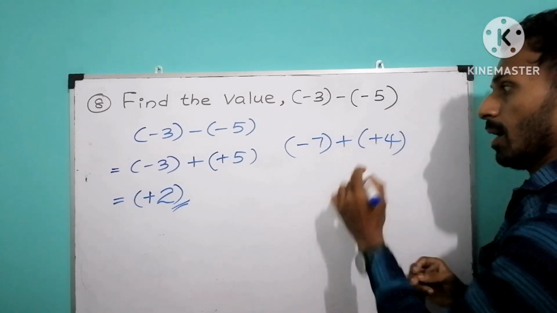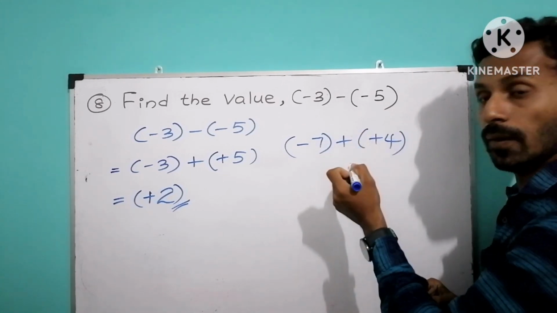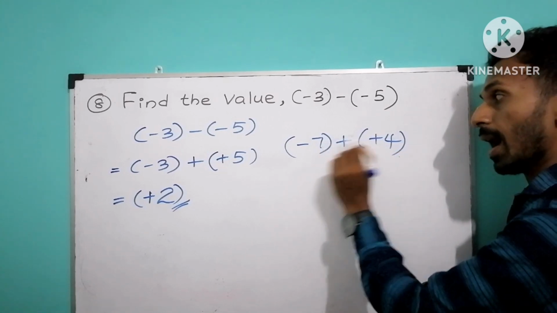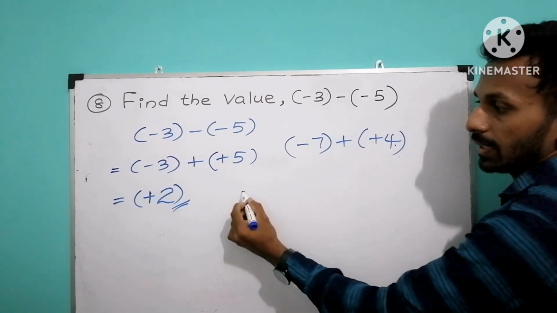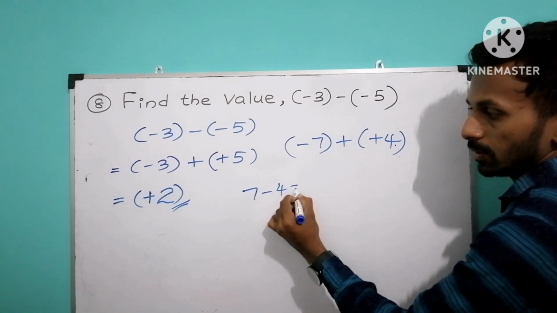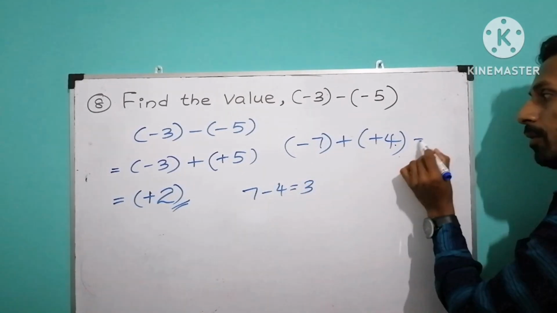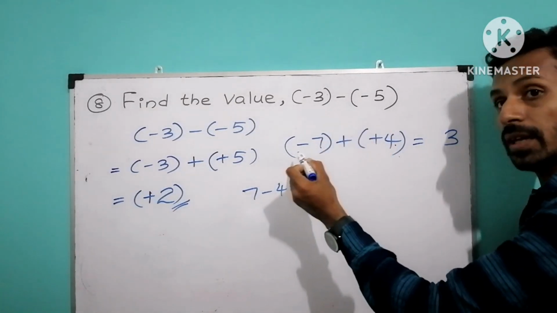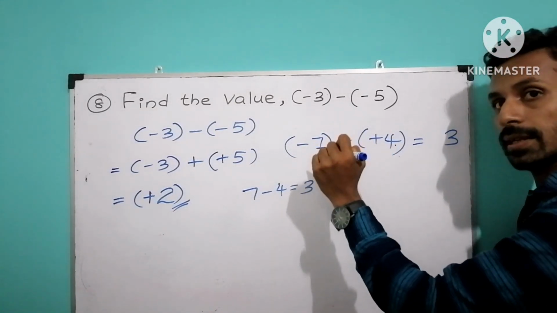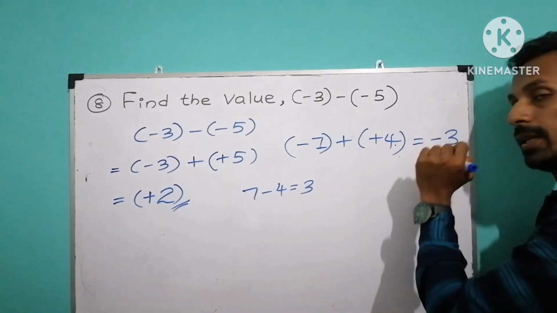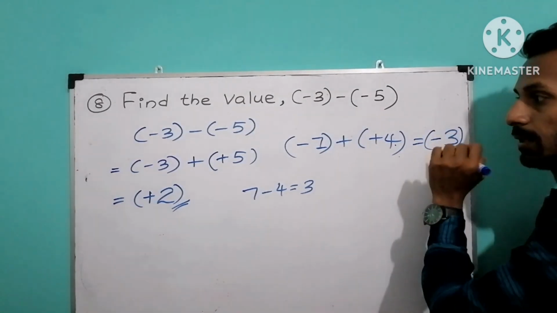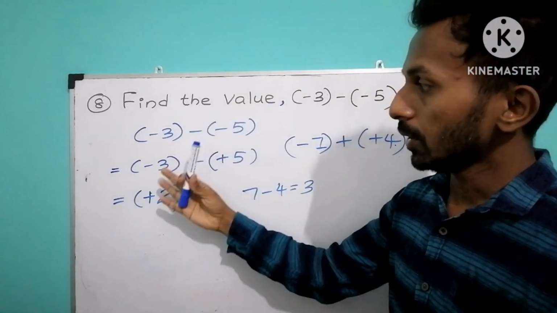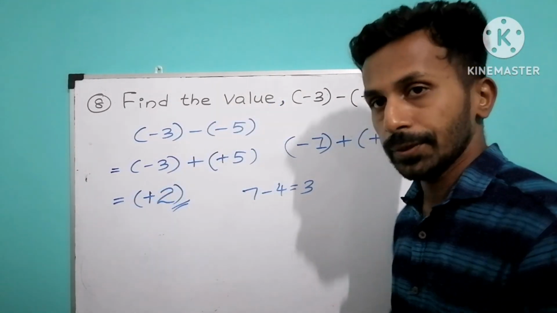Then take the difference of these two values. The largest value is 7. 7 minus 4 is 3. Now write 3 here. Then what's the sign? The sign of the largest value is minus. Put minus here. The answer is minus 3. Then in your question, your answer is plus 2.